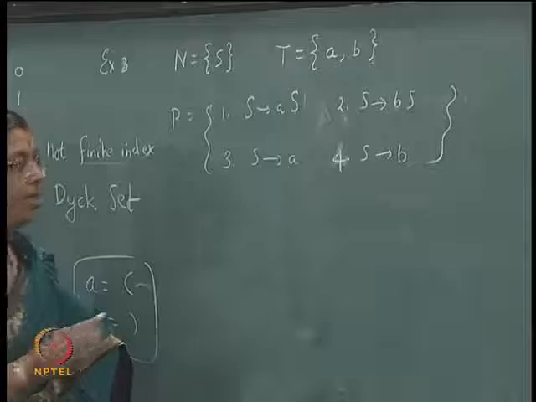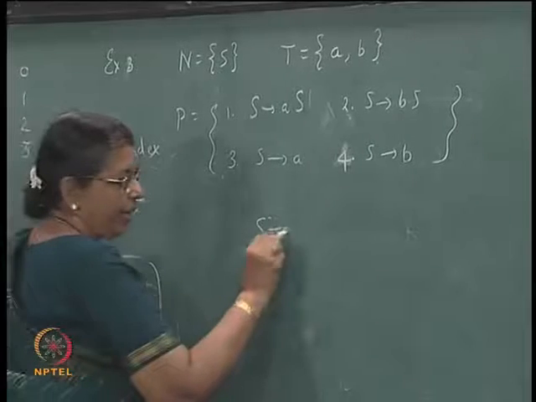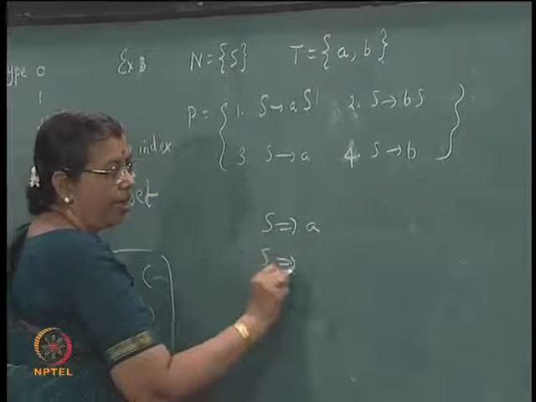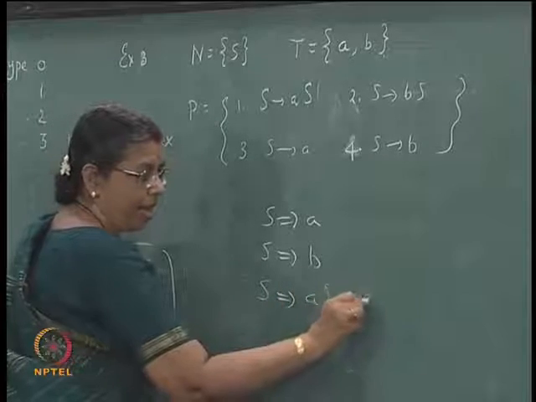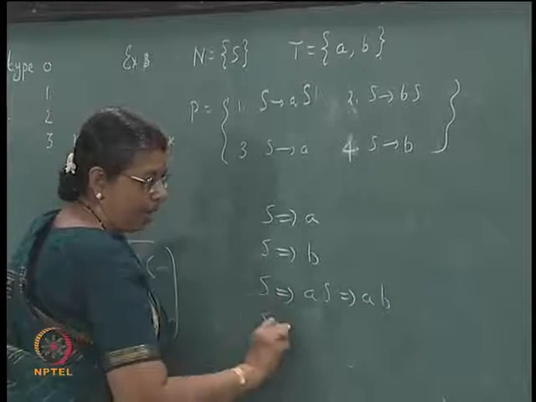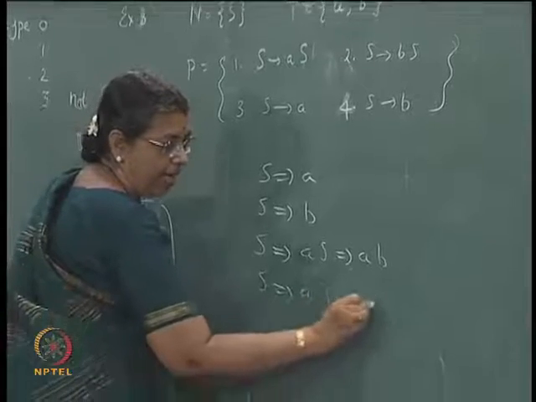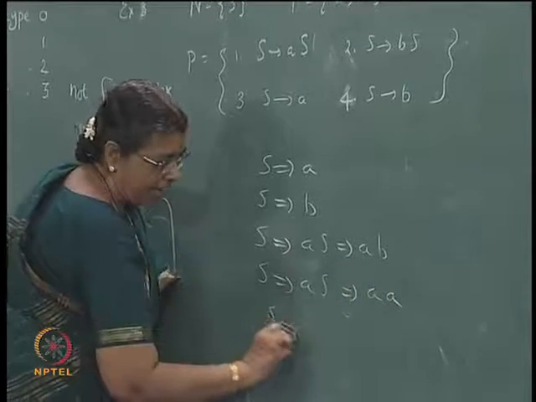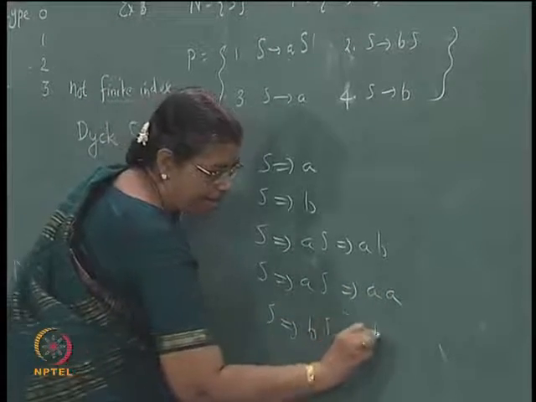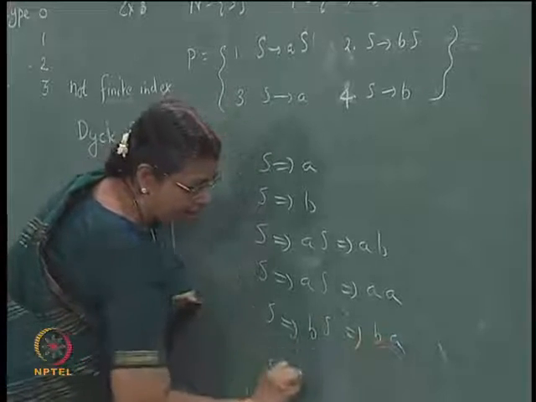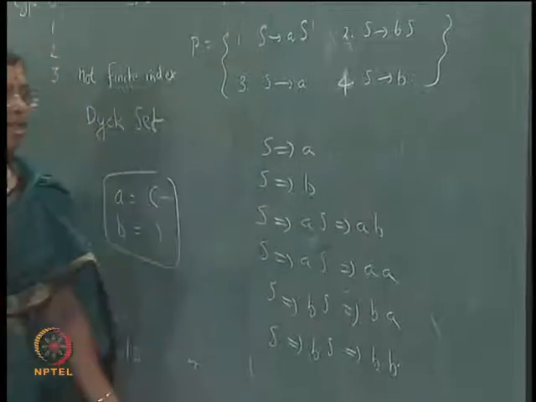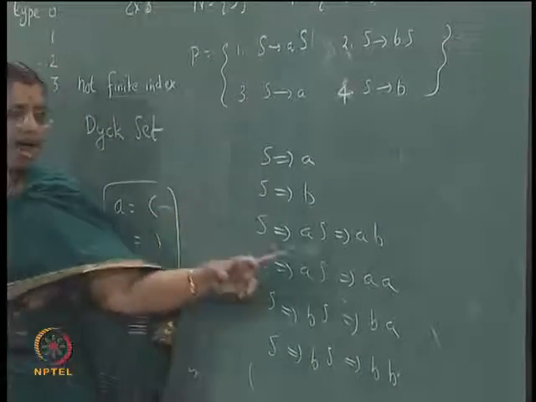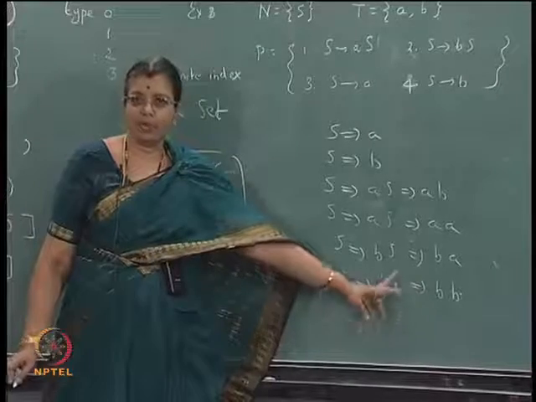For example, I can generate A alone, I can generate B alone, I can generate AB, I can generate AA, I can generate BA, I can generate BB. All 4 strings of length 2 can be generated.